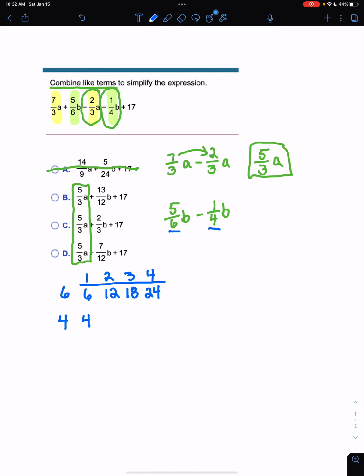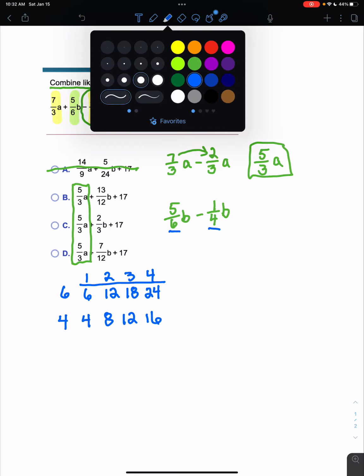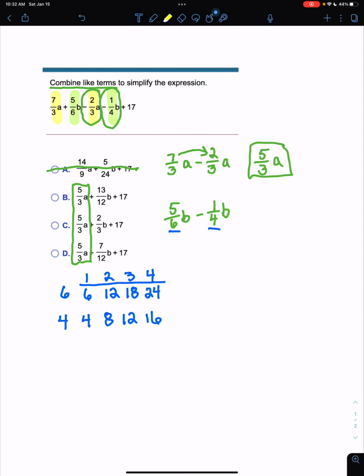We can also do the same thing for 4. We can have 4, 8, 12, and 16. And what we see here is that we have a common multiple. Both of these numbers are factors of 12. So we're going to use 12 because it's the smallest number.